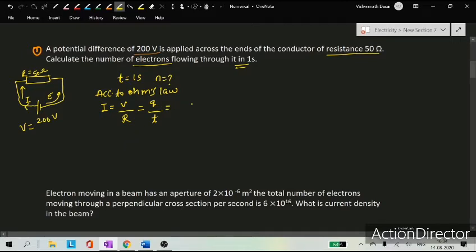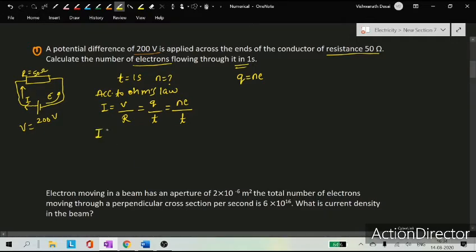According to the quantization rule you studied, the total charge is equal to N into E, number of electrons into the charge on one electron. So I is equal to N E divided by T. So these are the formulas of current. First you use I is equal to V by R and calculate the current. Or one more method is also there.